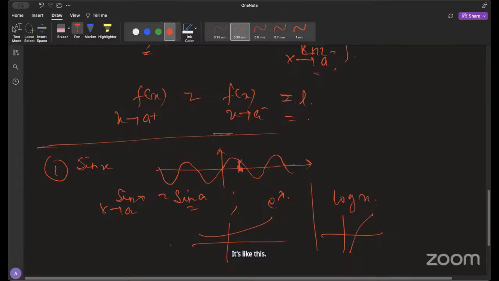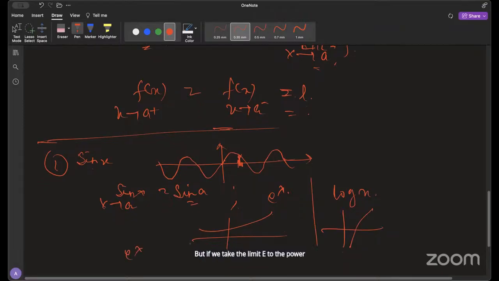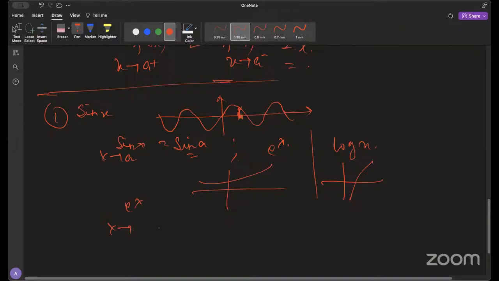But if you take the limit of e to the power x when x tends to minus infinity, that means your y keeps decreasing. Can you see that your y keeps decreasing as your x tends to minus infinity? This limit is 0.